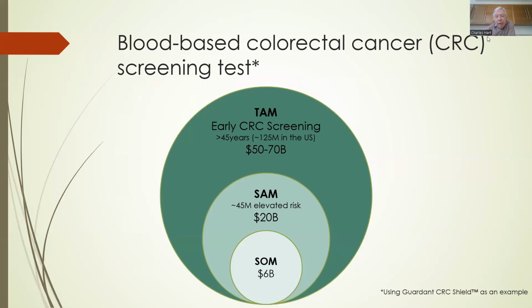And then of that, there's a subset of about a third that are at elevated risk for one reason or another. And those are the people for whom it would be prudent to get a blood test once a year rather than a colonoscopy once every 10 years, for example.